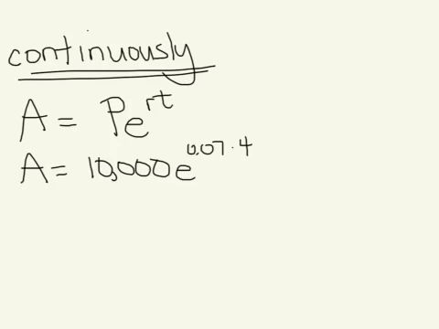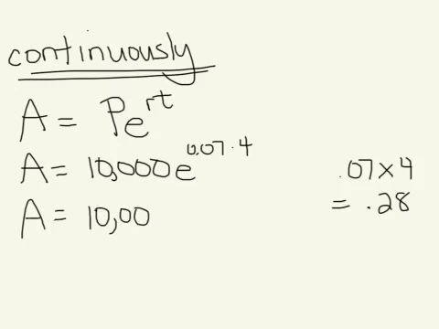Now, putting this into your calculator correctly, first of all, do 0.07 times 4 and see what you get, 0.28. And then you're going to have to do 10,000 times e to the 0.28. But again, we're going to do this part first. The exponents always come before the multiplication. And remember, you have to press second in order to get the e function.